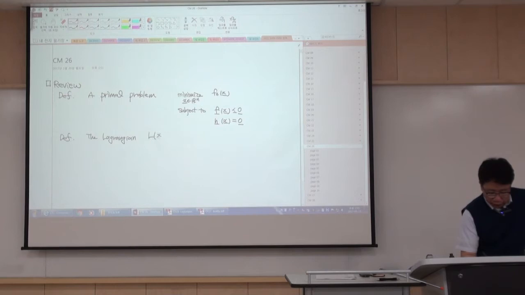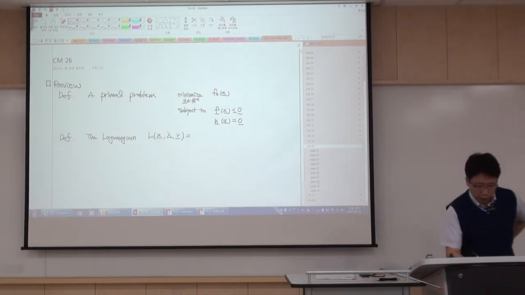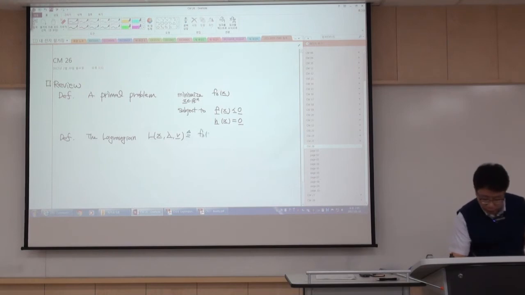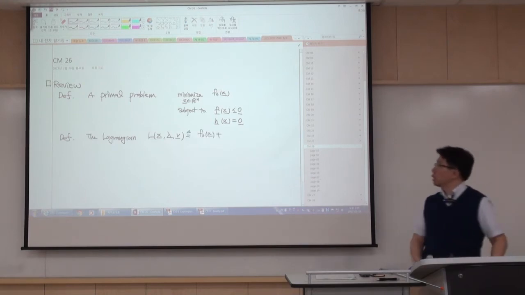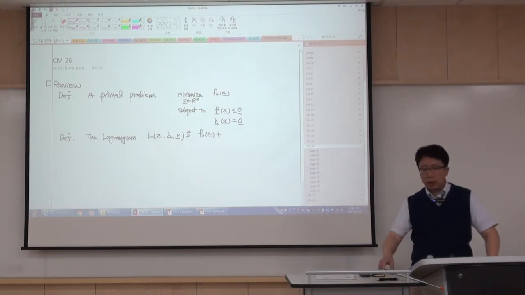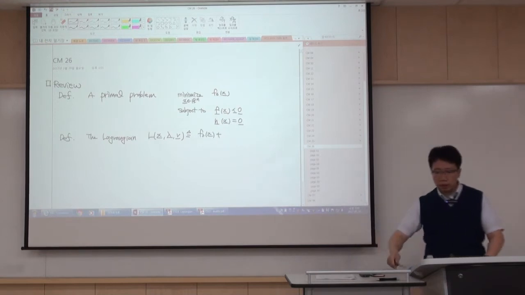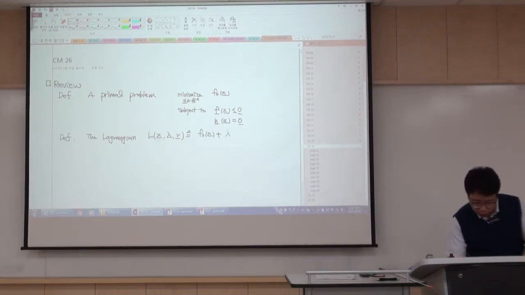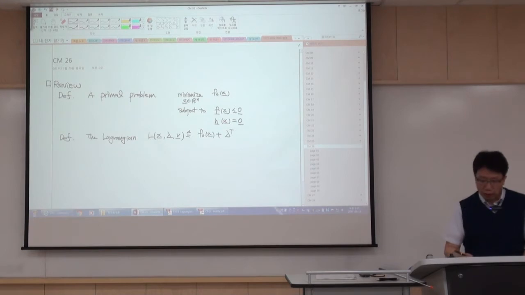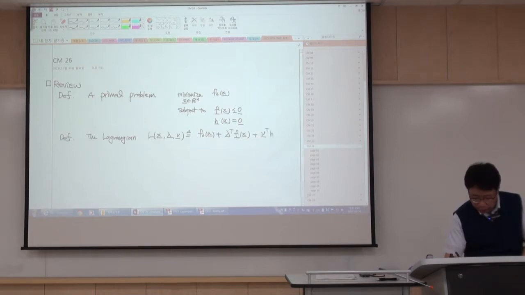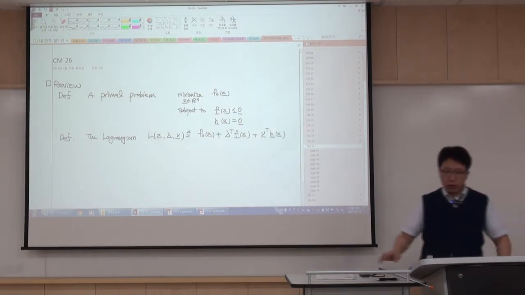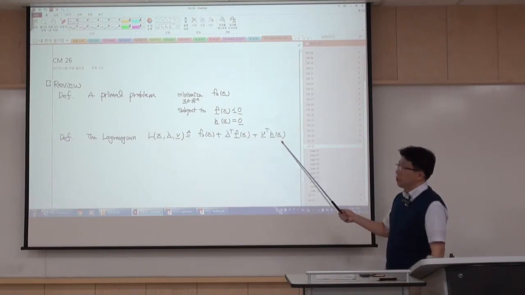L of x, lambda, nu is defined as the summation of the objective function and a linear combination of inequality constraint functions, so it can be written as lambda transpose f of x, and also another linear combination, nu transpose times h of x.